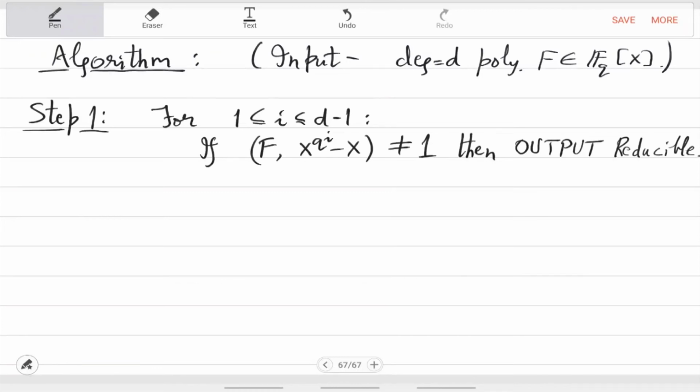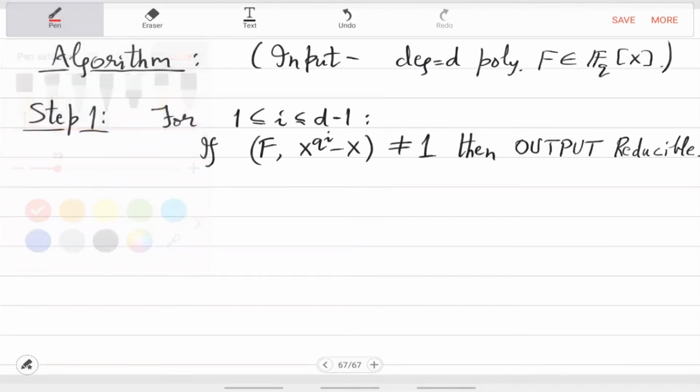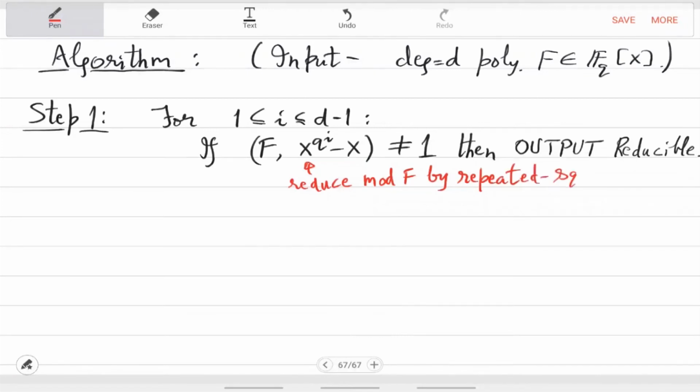This is written very abstractly; in practice, you have to do this by repeated squaring. So this step is loaded.